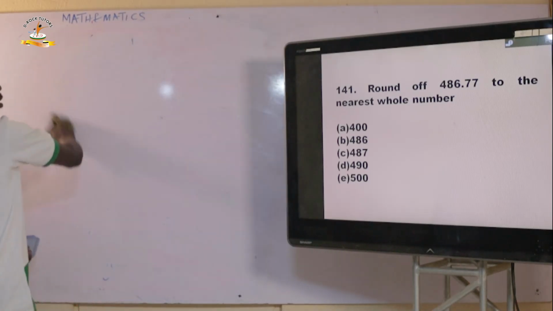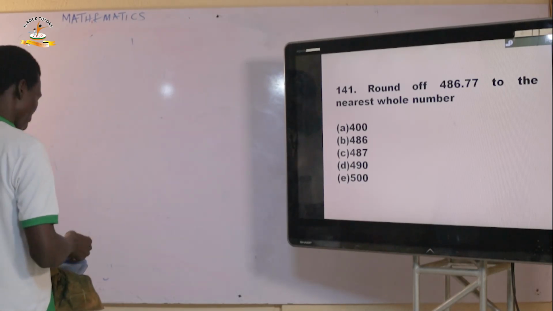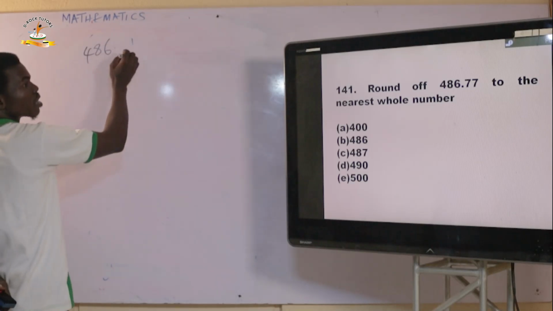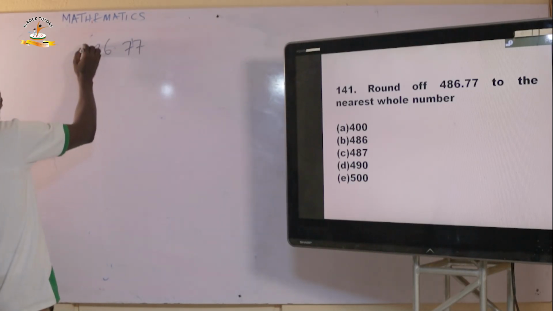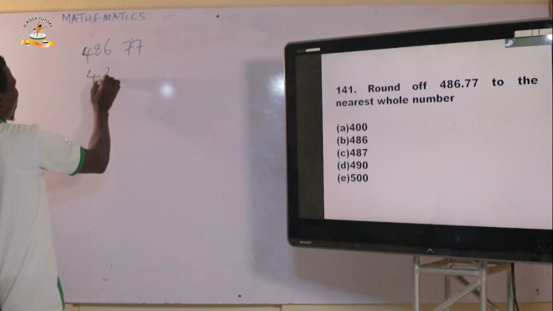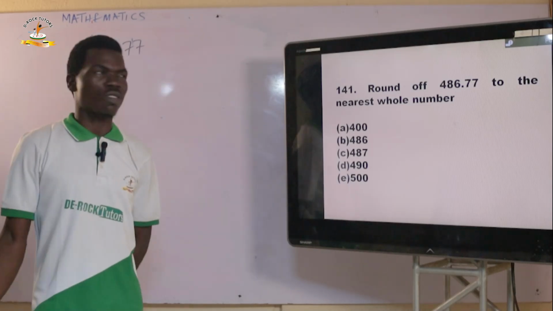And let's write the problem. That is 486.77. So the nearest whole number, we don't want the point again, so you round this last point to what? To 7. That's 487. As simple as that. And the correct option is option C.